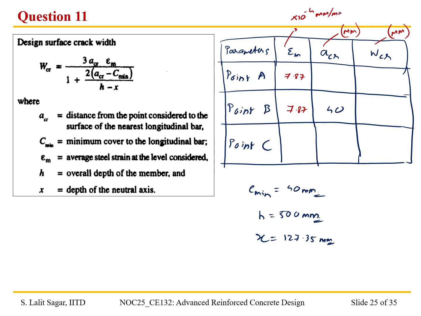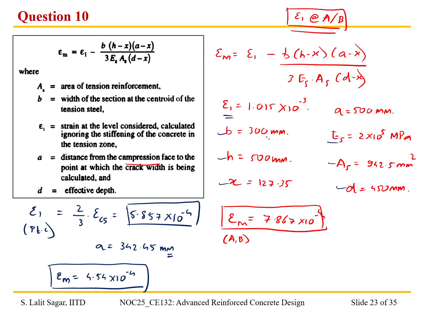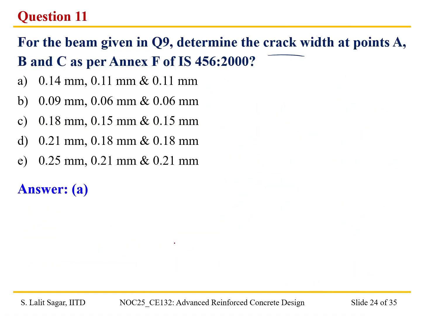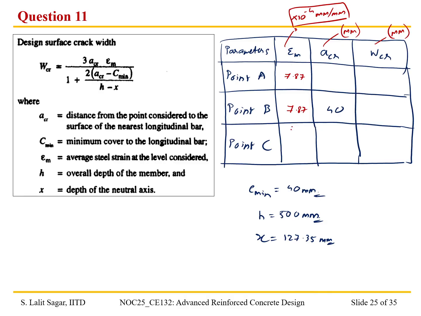Those are the units of the strain. Then for point C, what is the epsilon m? That was 4.54, right? 4.54. So for ACR, we need to calculate the values now.